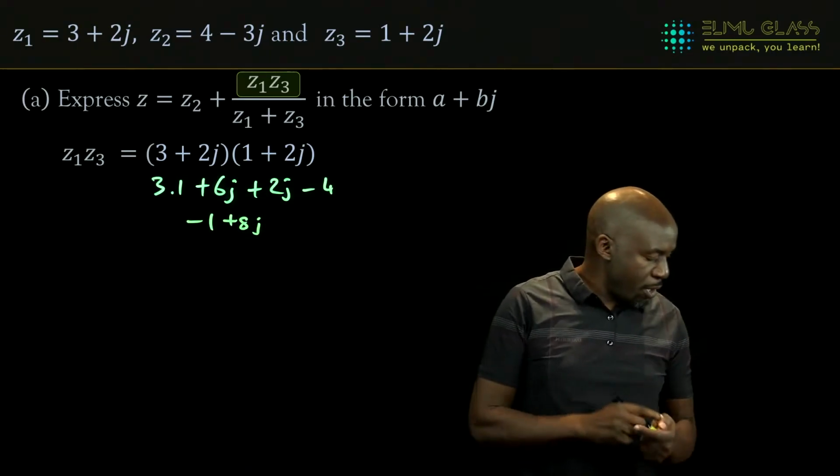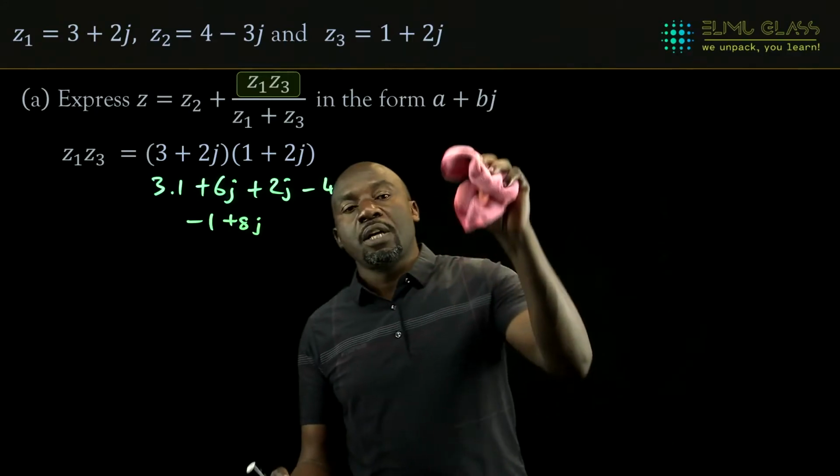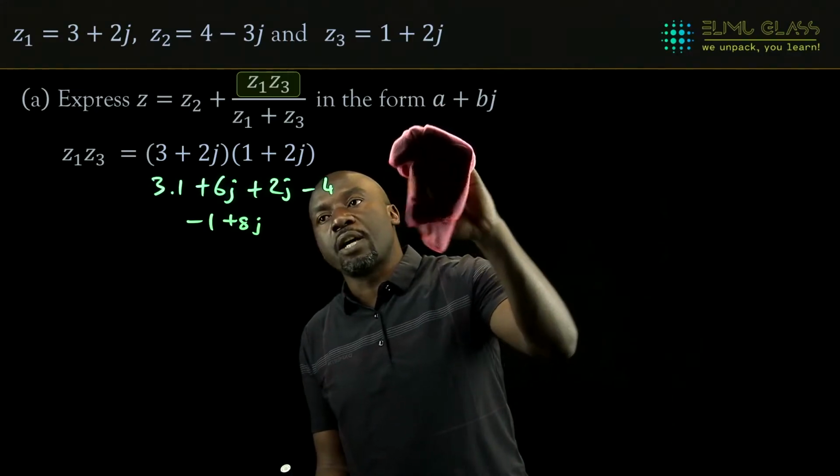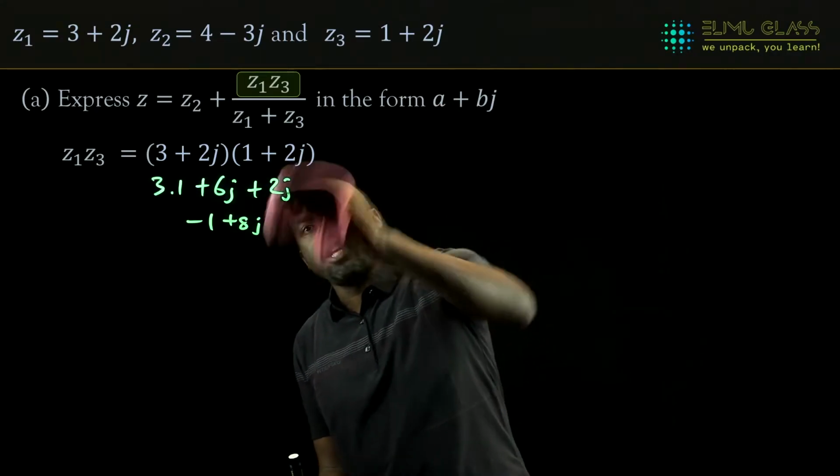So if we open that bracket, we get -1 plus 8j.